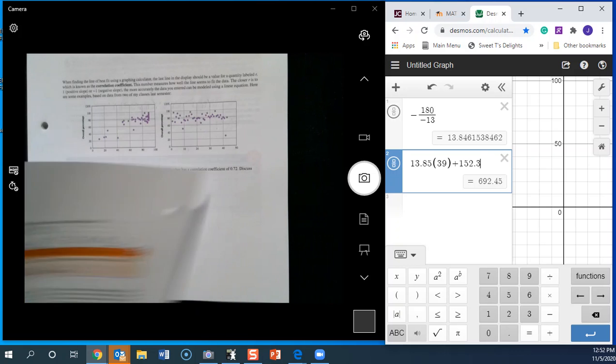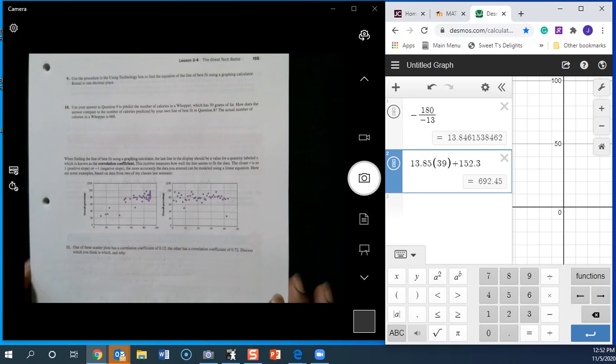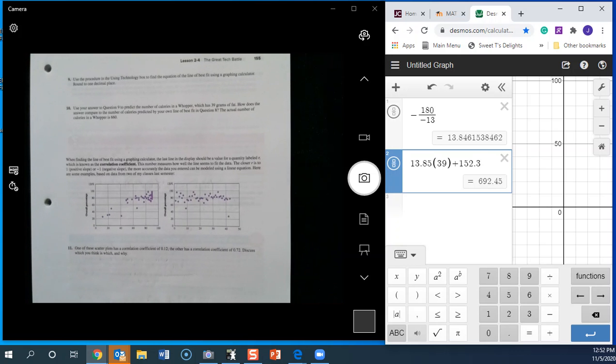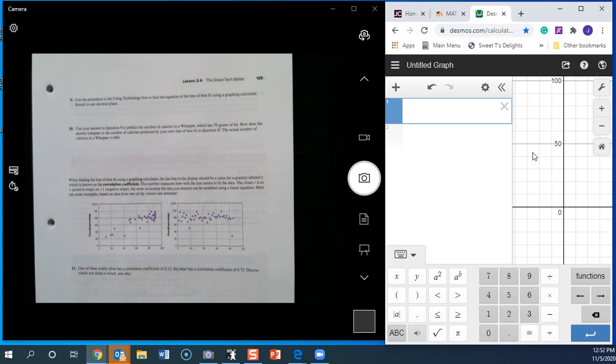Okay, so we're going to do this on Desmos, and also, if I have time, I'll do it on the TI as well. It says, use the procedure in the using technology box to find the equation of the line of best fit using a graphing calculator, rounded to 1 decimal place.